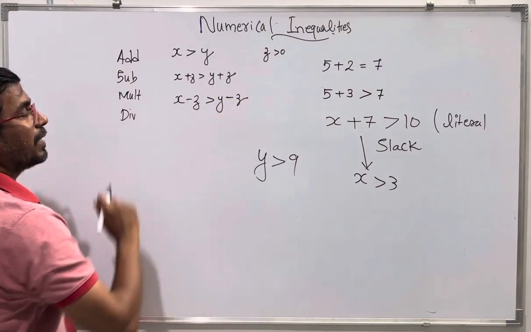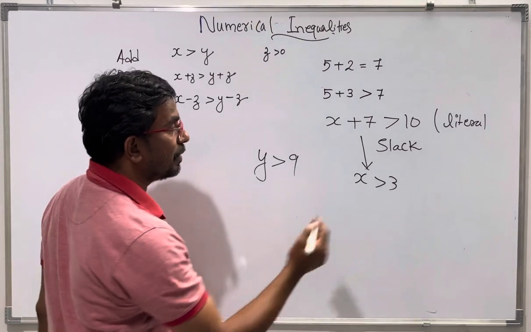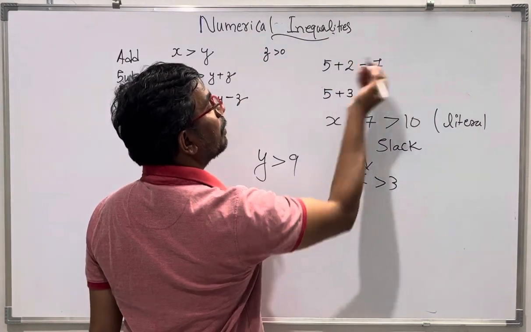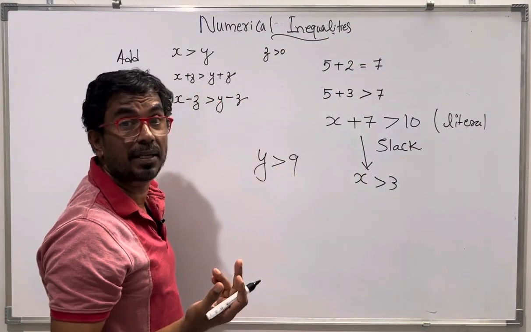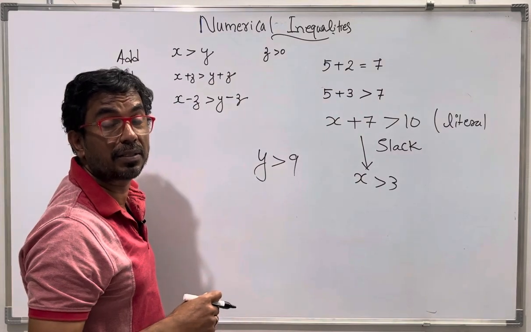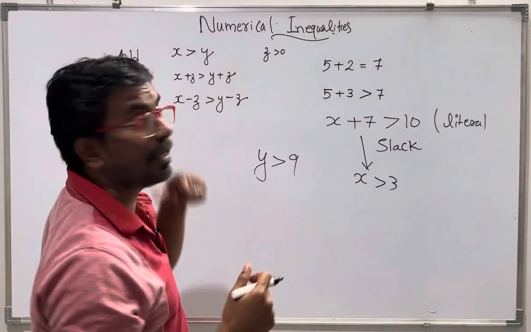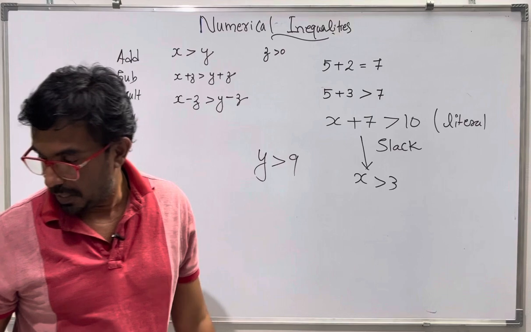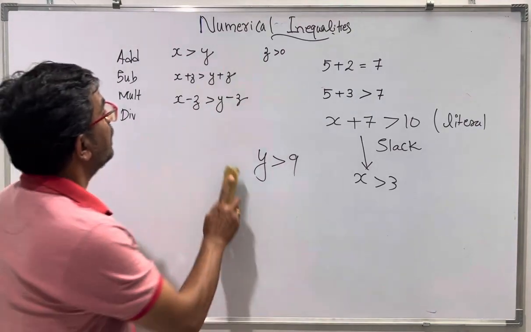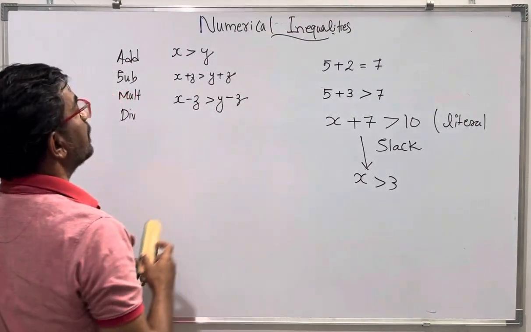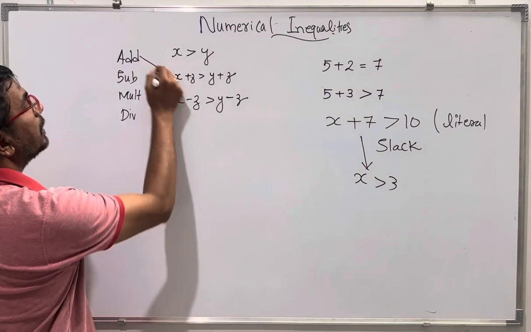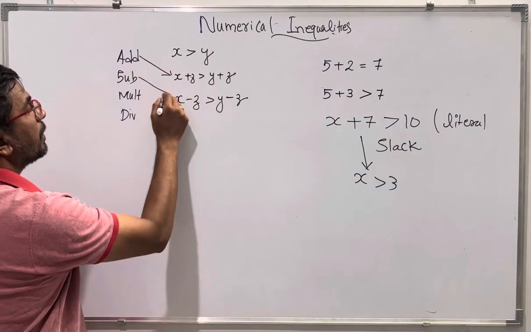You can subtract like in an equation. In an equation you can add the same number, multiply by the same number, subtract the same number, or divide by the same number. Similar work can be done in an inequality also. So this is the addition property, and this is the subtraction property.